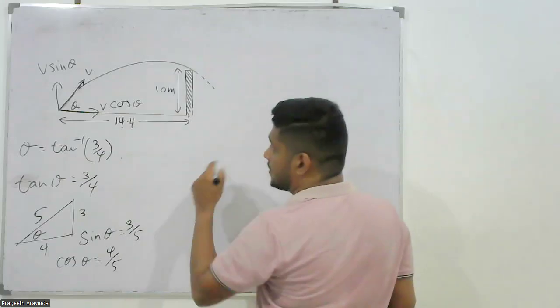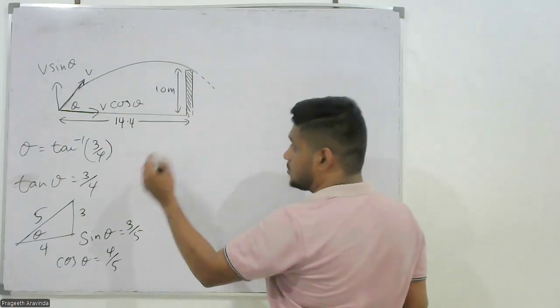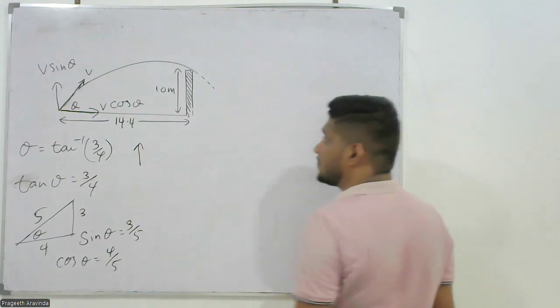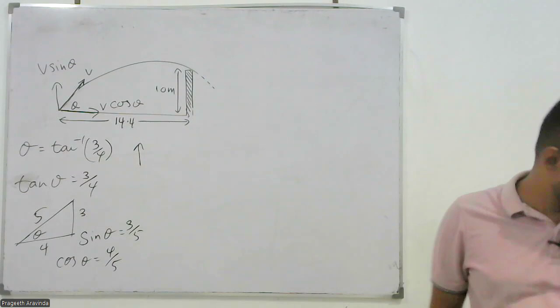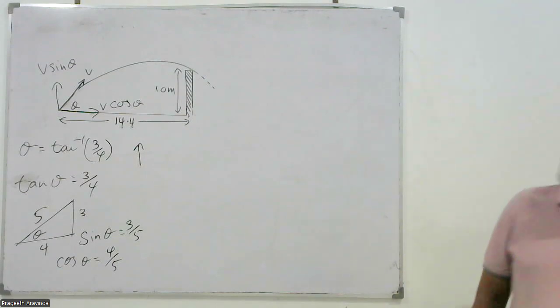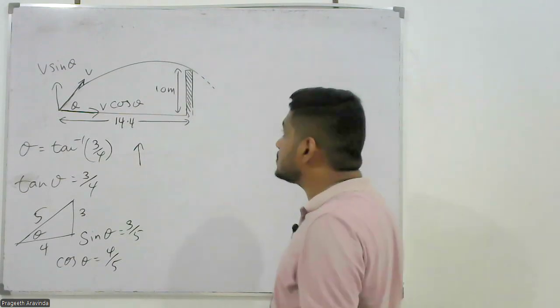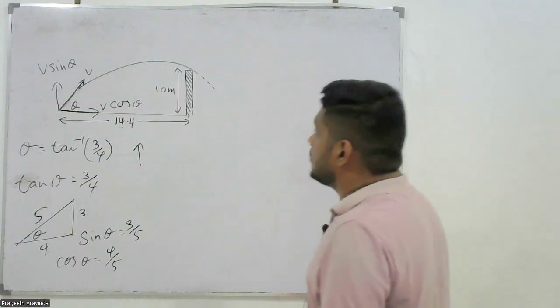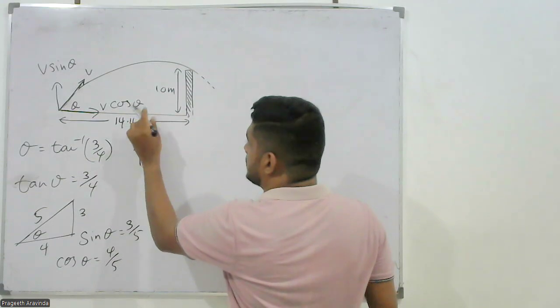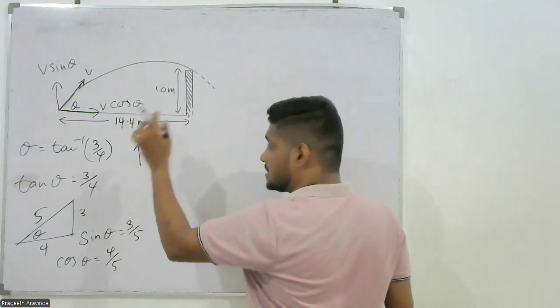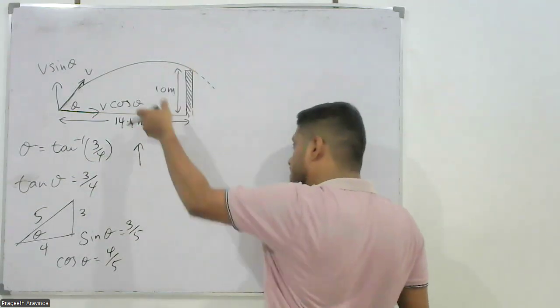So we need two equations, one vertical and one horizontal, to find the velocity of projection. These are two different displacements. This one is the vertical one, this is the horizontal.